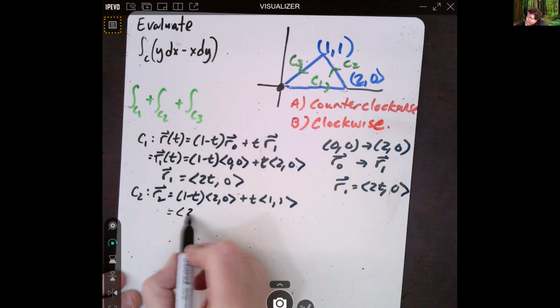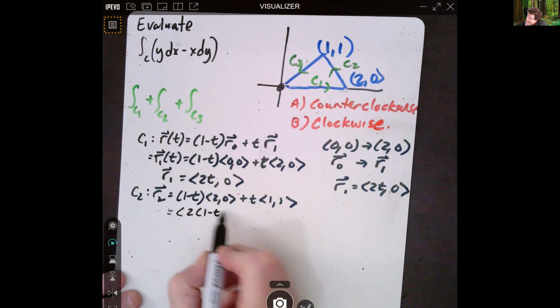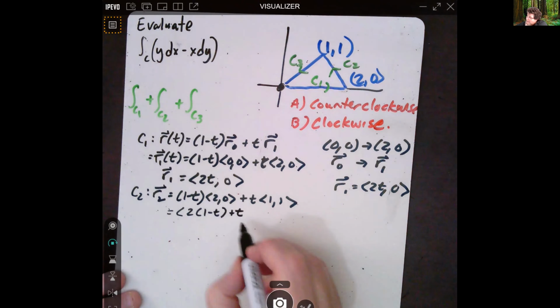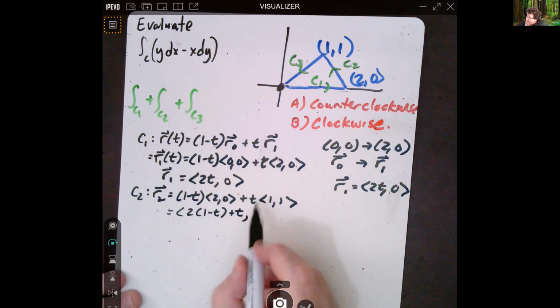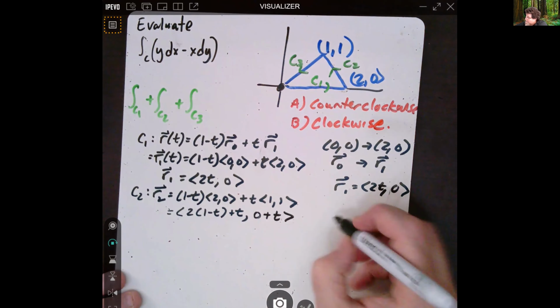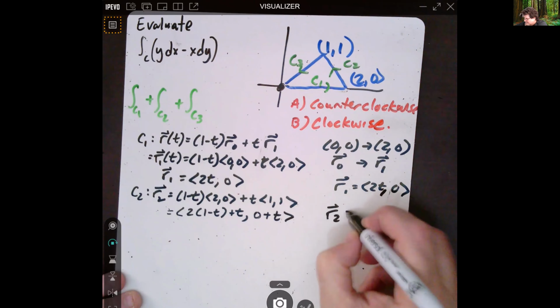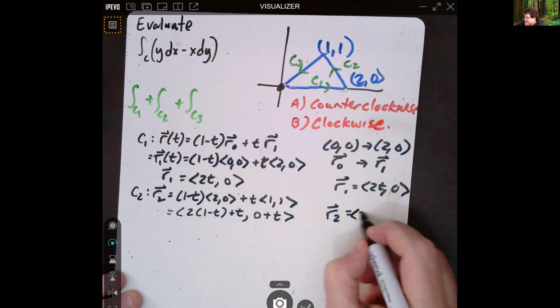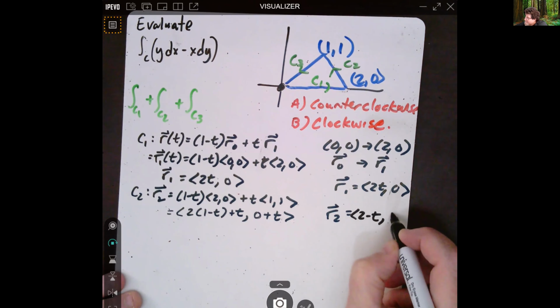So I've got 2 times 1 minus t plus t for the x component, and 1 minus t times 0 plus t for the y component. If I clean that up, I get 2 minus 2t plus t is 2 minus t, and t.